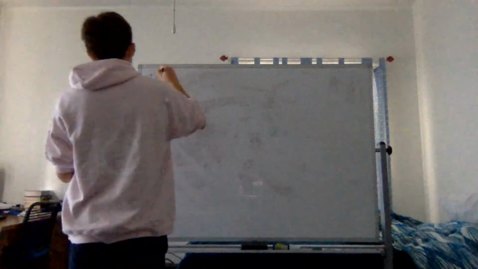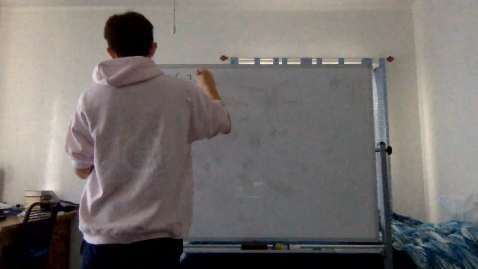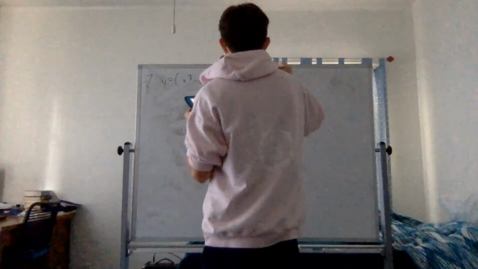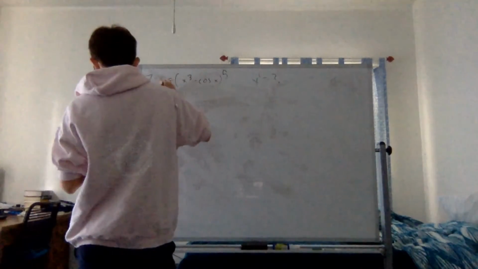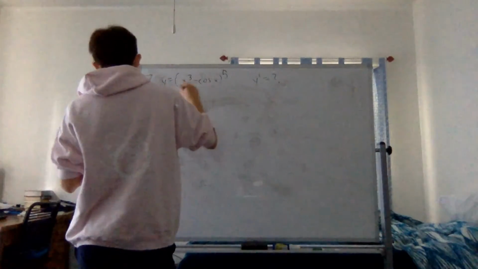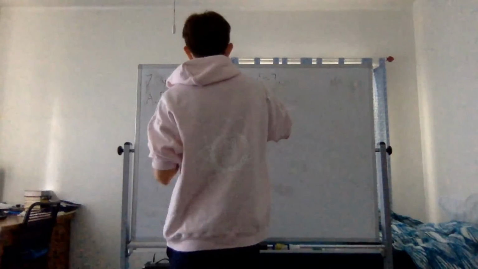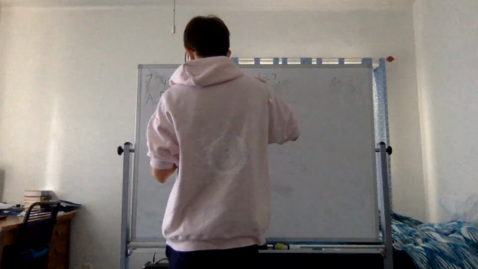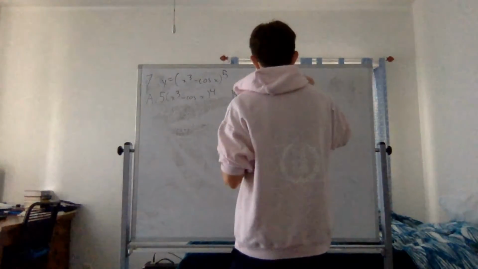Okay, 7. If y equals the quantity x cubed minus cosine of x, to the fifth, then y prime of x equals what? We got A, 5 times x cubed minus cosine of x to the fourth. B, 5 times 3x squared plus sine of x to the fourth.